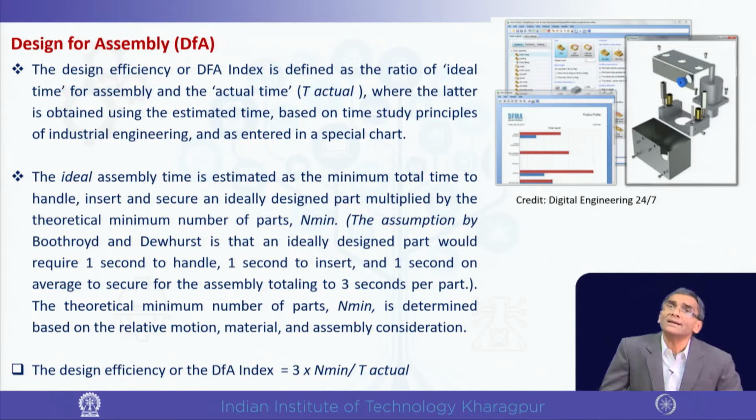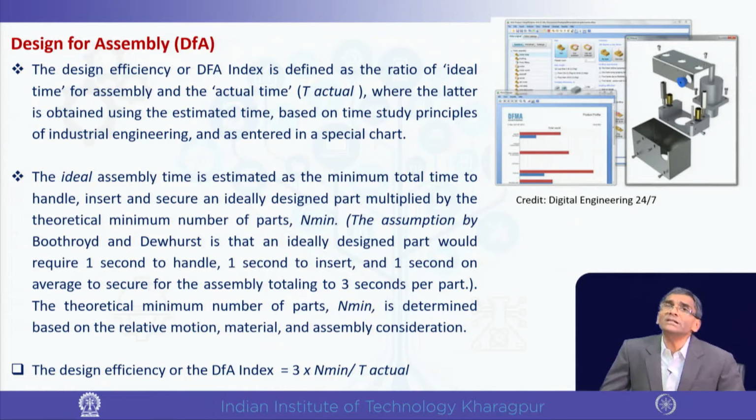Based on that chart with the estimated times, the actual time is derived by adding all the individual assembly times. Now, how will the ideal time be found out? Here are two things: how much time per assembly it will take, and what the minimum number of components to be assembled will be.